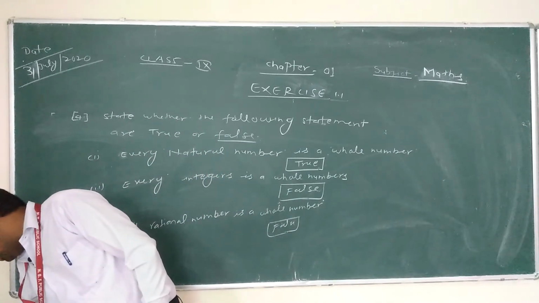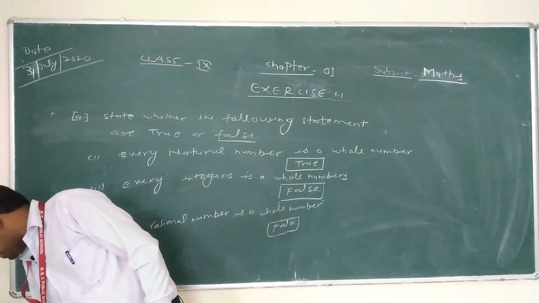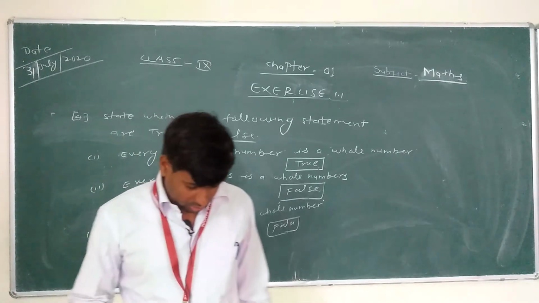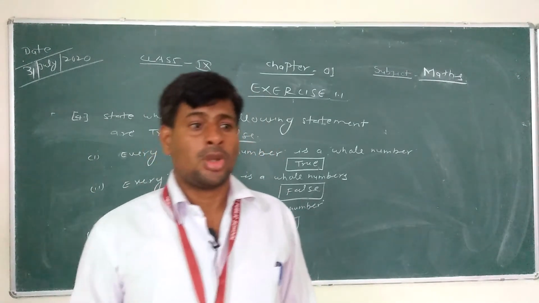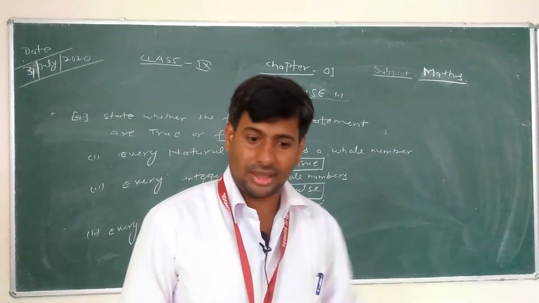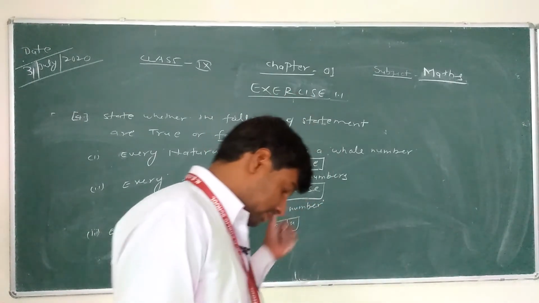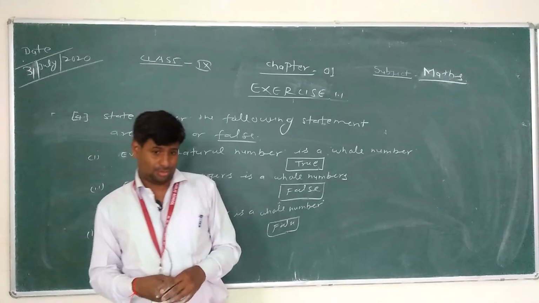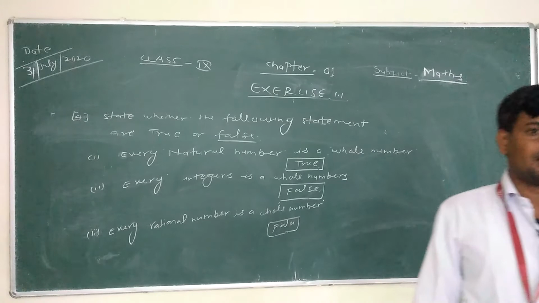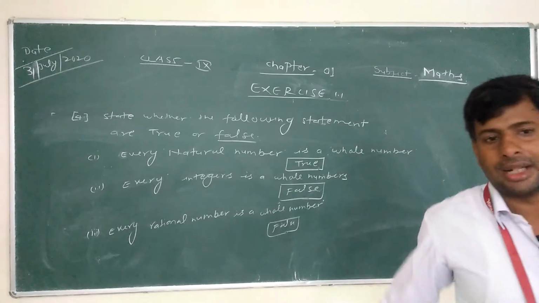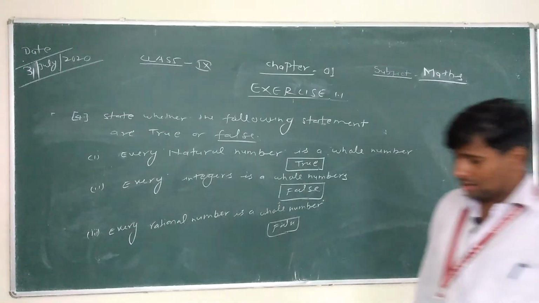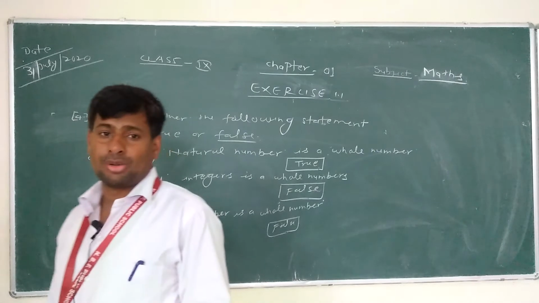All of you know how to represent a rational number on a number line, but in exercise 1.2 we will explain how to represent irrational numbers on a number line. That's clear?